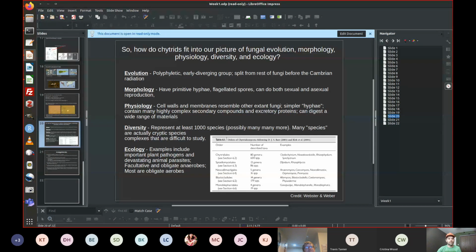Okay, I filled out the first one for you. In subsequent lessons, that's up to you to fill in. Okay, so in this case, how do they fit into our evolutionary definition of fungus? Well, these are polyphyletic, meaning we're not really clear on which groups are sister to each other.